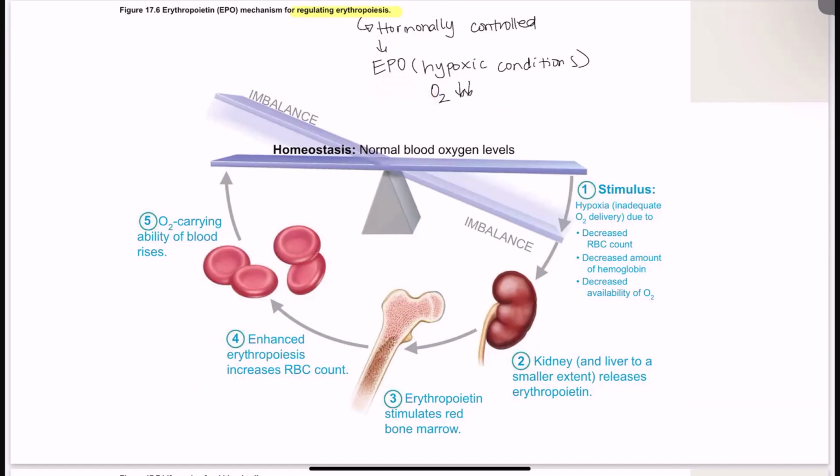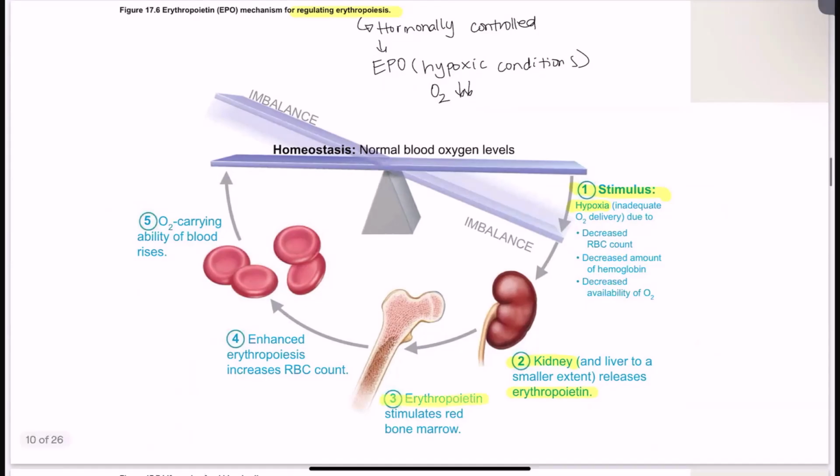So then we have our 5 steps that we're used to. The stimulus is that hypoxia, and hypoxia can lead to a bunch of stuff that we don't want. It leads to decreased red blood cells, decreased hemoglobin, decreased oxygen availability. This is no good. So then the next step, step 2, is the kidney. The kidney and a little bit the liver release EPO, erythropoietin.